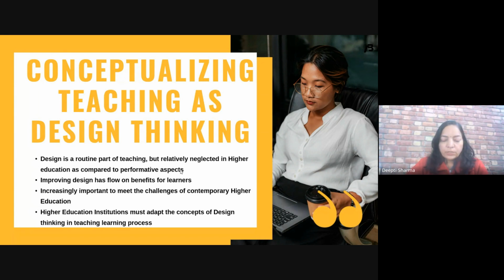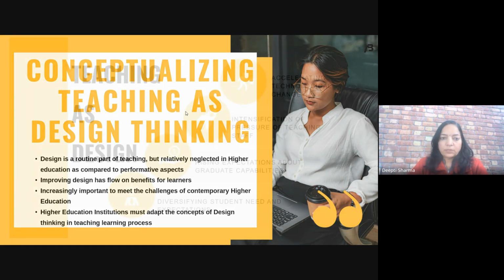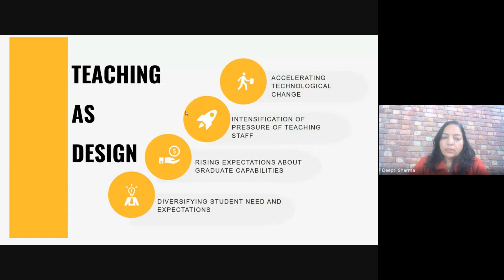Higher education institutions must adapt the concepts of design thinking in teaching learning processes. So, how and why should design thinking be implemented in higher education teaching?